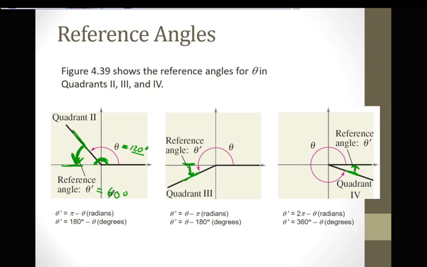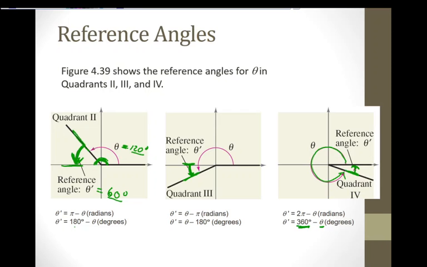If this is 120, this is 60. You took 180 and subtracted your angle. In the third quadrant, you take your angle and subtract 180 degrees from it, and it'll give you this extra piece. In the fourth quadrant, you take 360, which is all the way around, and subtract the angle measure, and that'll give you your reference angle. So we're just finding how far it is from the x-axis. And that's what a reference angle is.